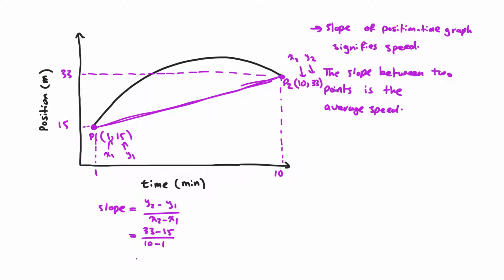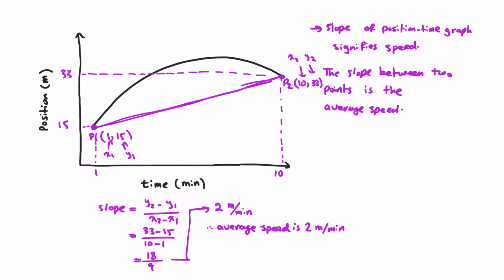On the numerator, I get 18, and on the denominator, I get 9. 18 divided by 9 is just 2, and my units are meters per minute. So that means every 1 minute, I travel 2 meters, and this is on average. So therefore, average speed is 2 meters per minute.